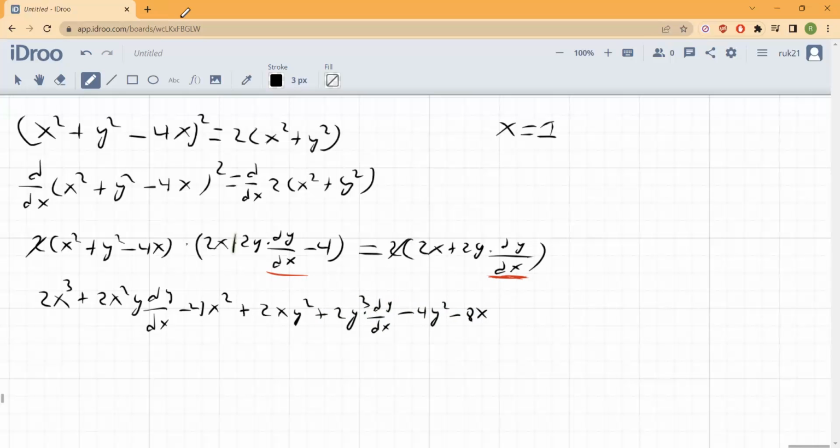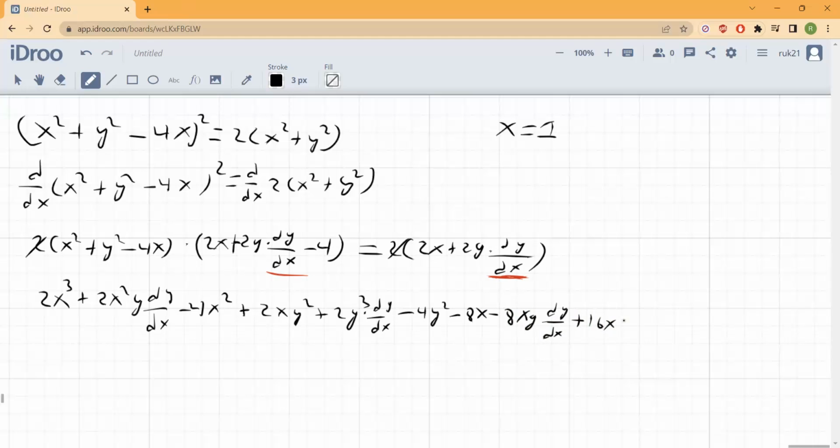This is supposed to be a plus. Minus 8xy dy/dx plus 16. Make sense?